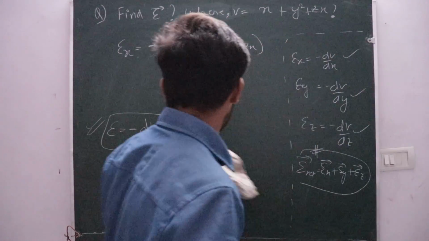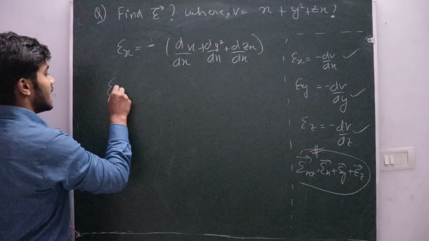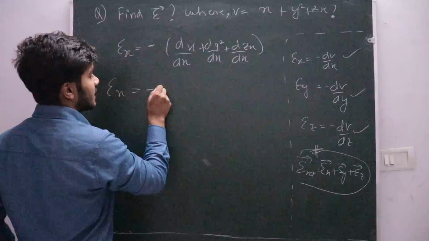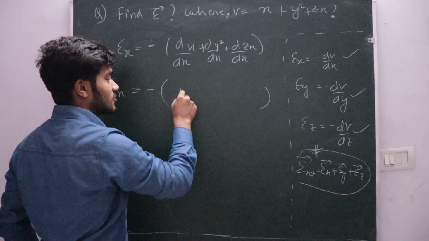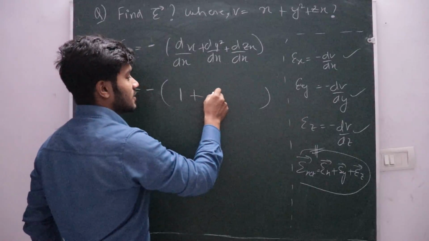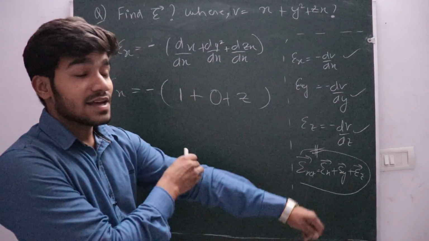So in this you can see that Ex will be equal to negative. Differentiation of x with respect to x will be 1, y square is 0, zx is z. Why?